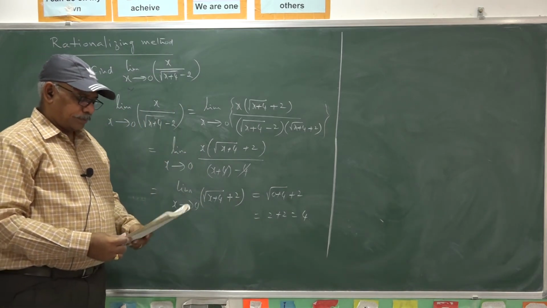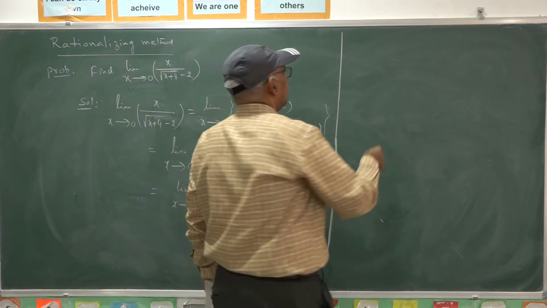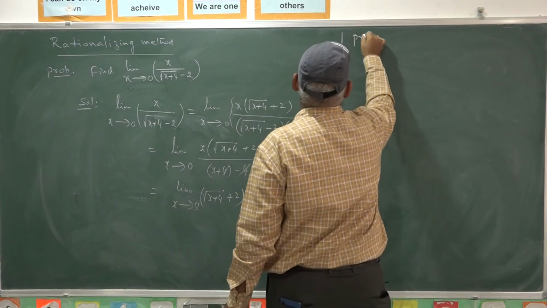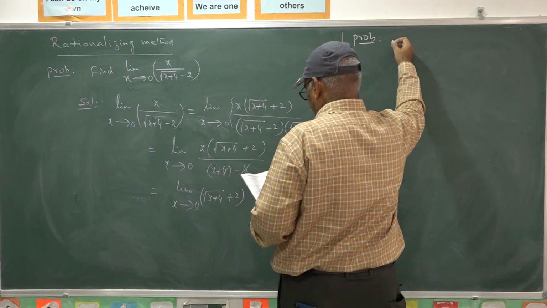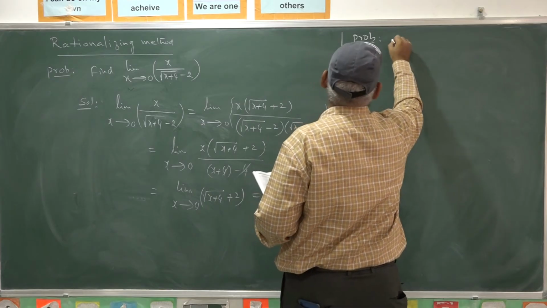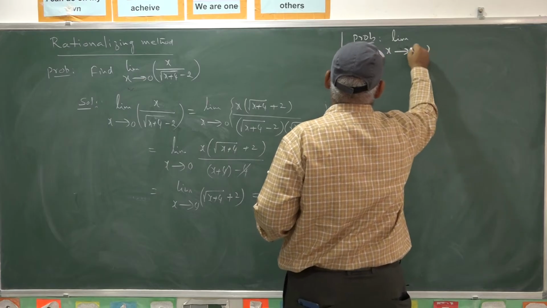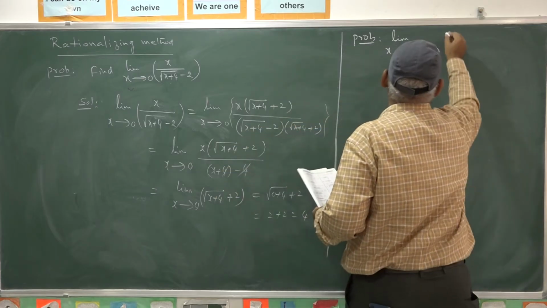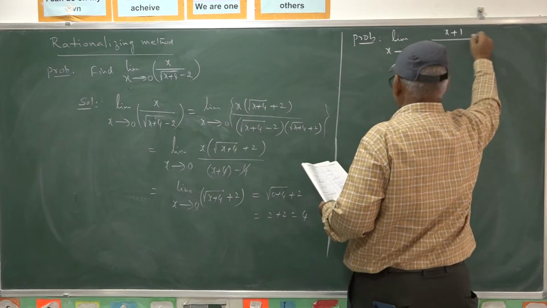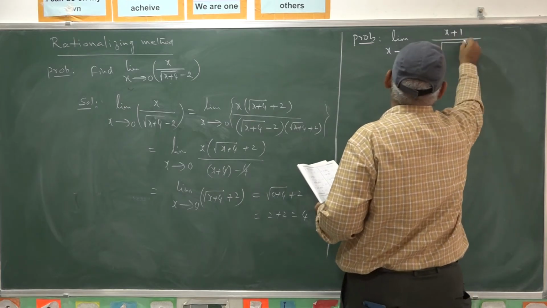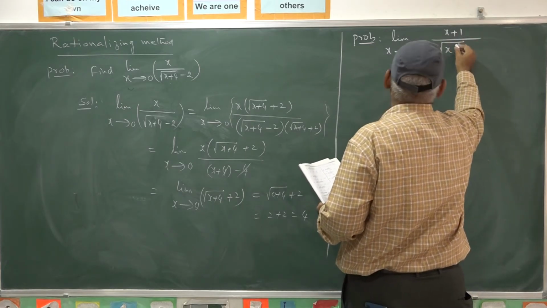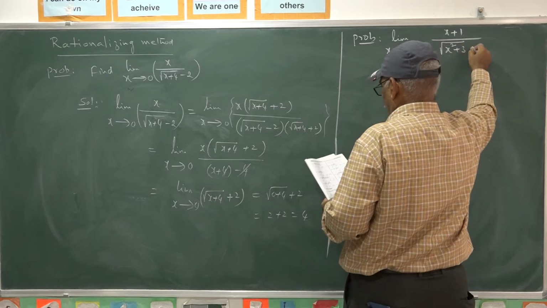One more problem. Similarly, find the limit as x goes to minus 1 of x plus 1 by square root of x square plus 3 minus 2.